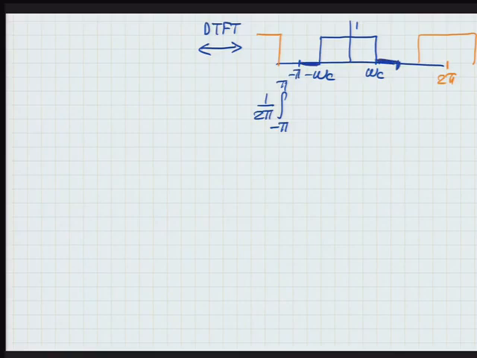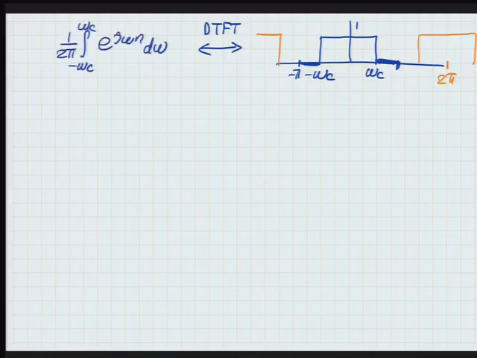So there is no reason to integrate from negative pi to pi. It's enough to integrate from negative omega c to omega c, and what you're integrating is 1 times e to the j omega n, integrated over omega, right? So what is the answer?